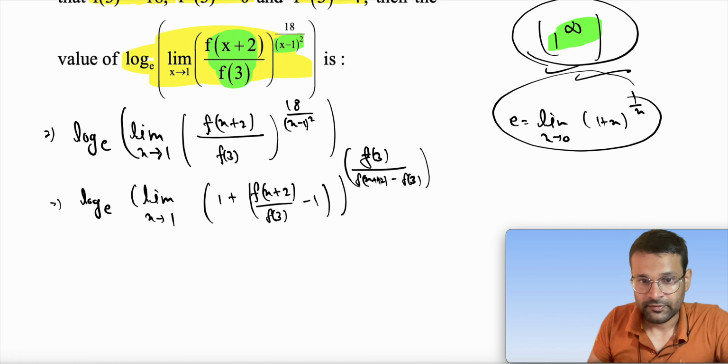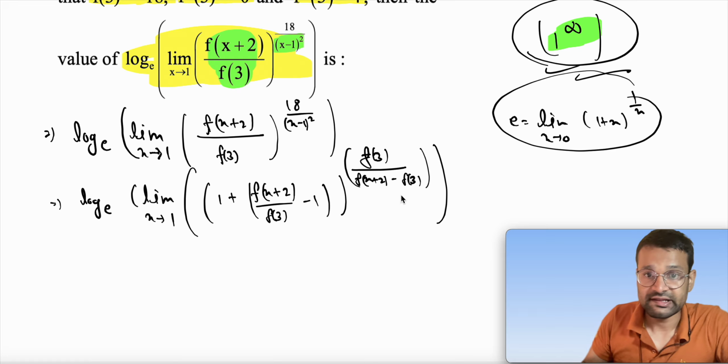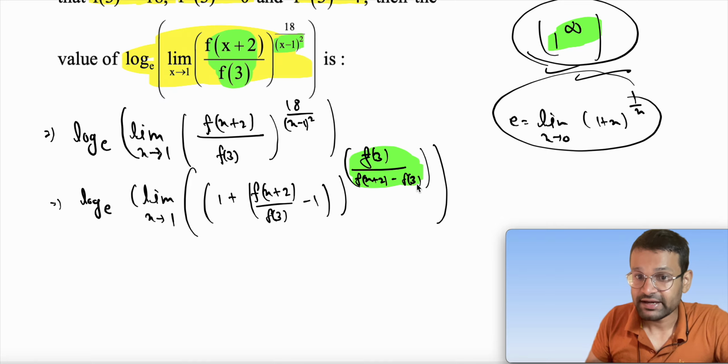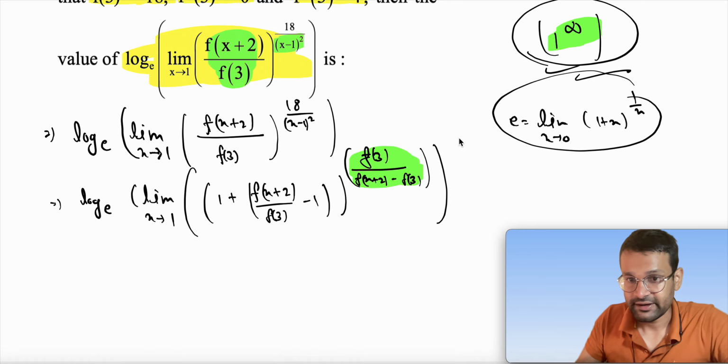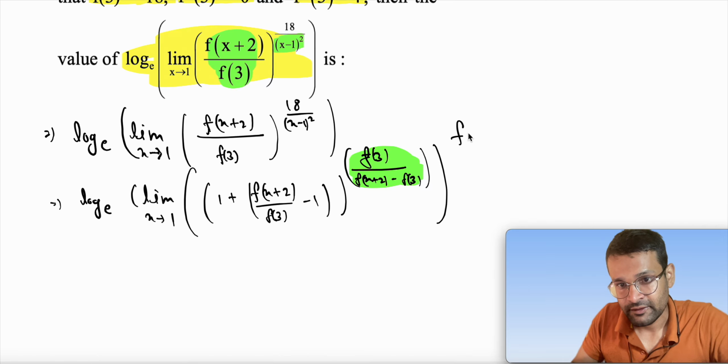Okay, it is done from our side. Now for eliminating this part, we must put here from our side f(x) plus 2 minus f(3) by f(3).